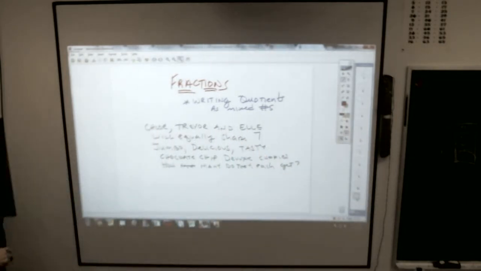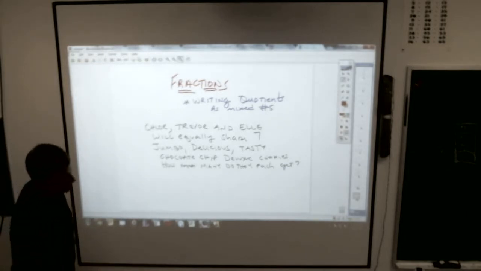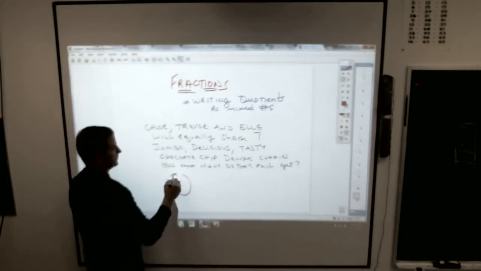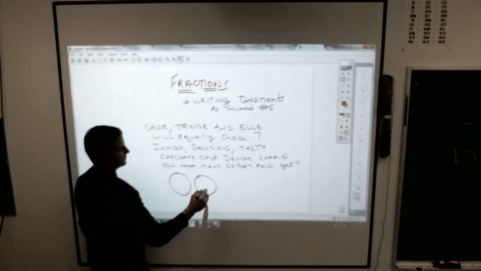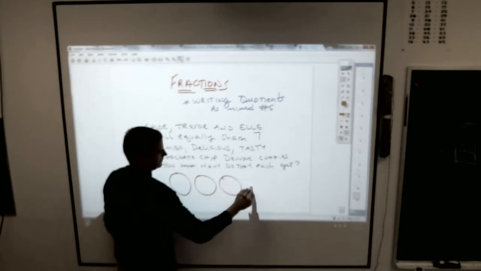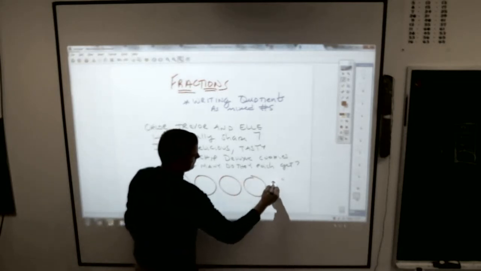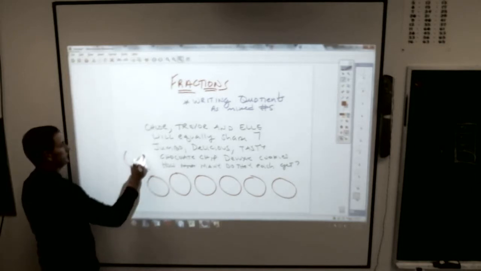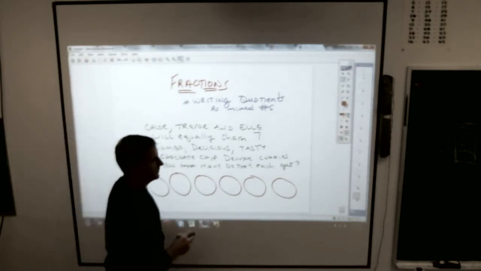Now, we could spend our time, and we will, for this first one. We're actually going to draw this one out because it's not that many cookies and we could split them up. So here we are. As best I can, there's deluxe cookie 1, deluxe cookie 2, deluxe cookie 3, 4, 5, 6, 7. So there's my 7 deluxe cookies.